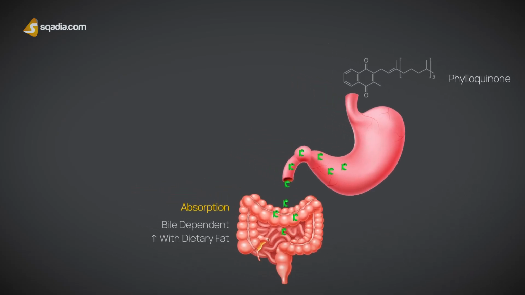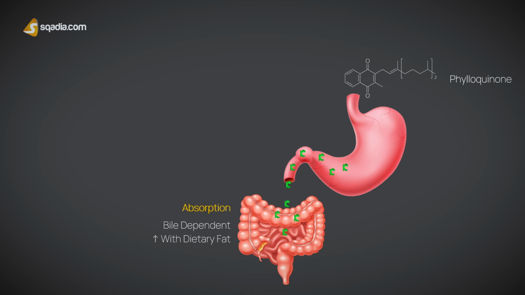Coming back to the absorbed phylloquinone, it is secreted into the lymph as a component of chylomicrons and enters the circulation in this form. Now, circulating phylloquinone is present in the VLDL, that is the very low density lipoproteins, and chylomicrons.